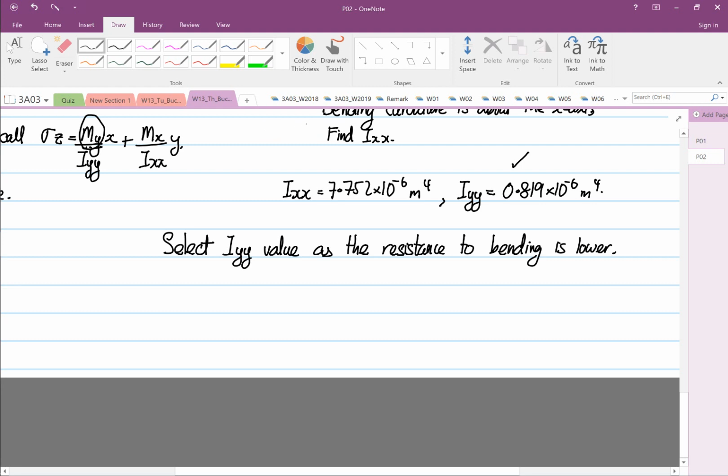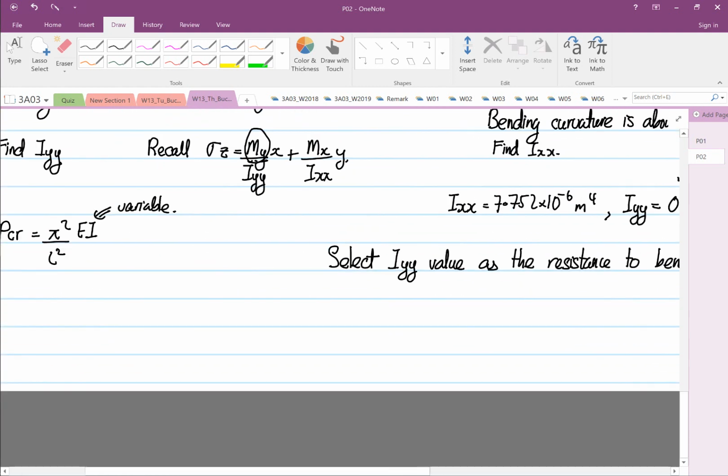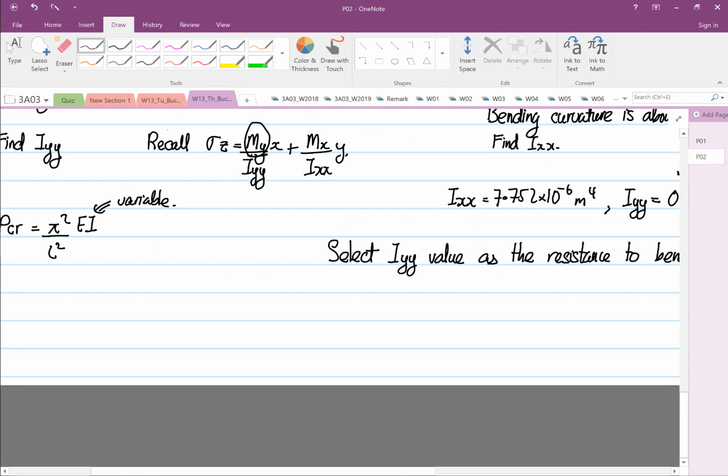Now we're going to calculate the critical load. PCR will be equal to pi squared over LE squared, multiplied by E and Iyy.